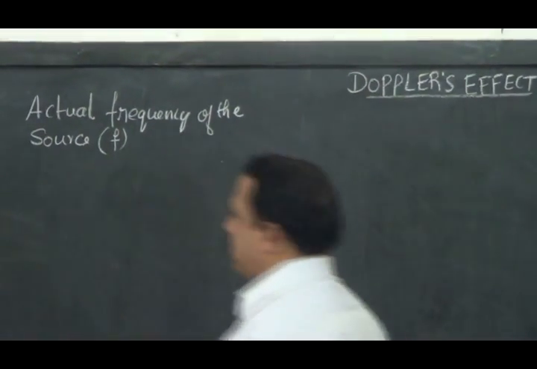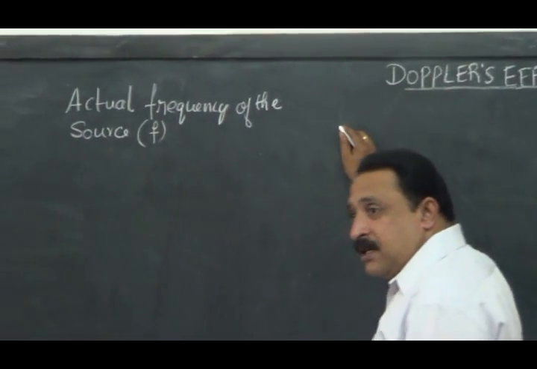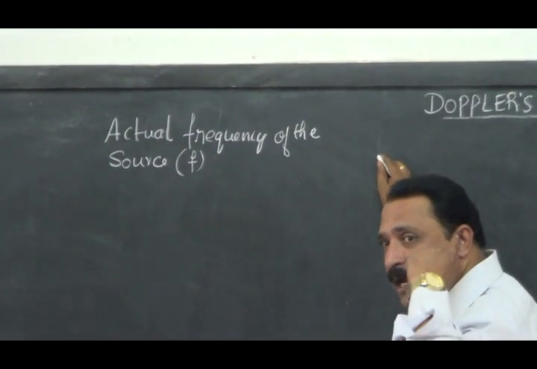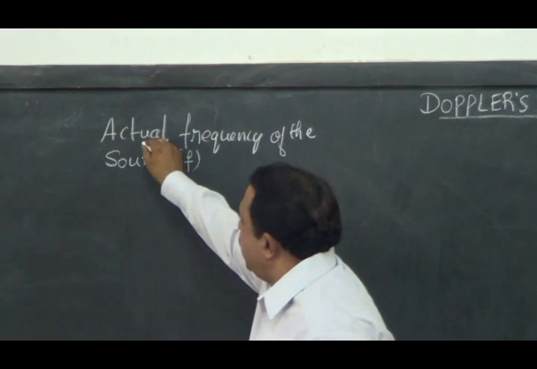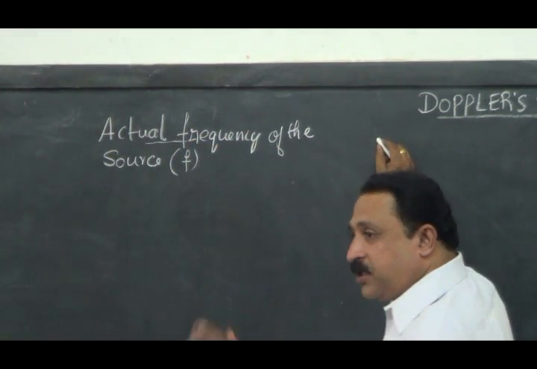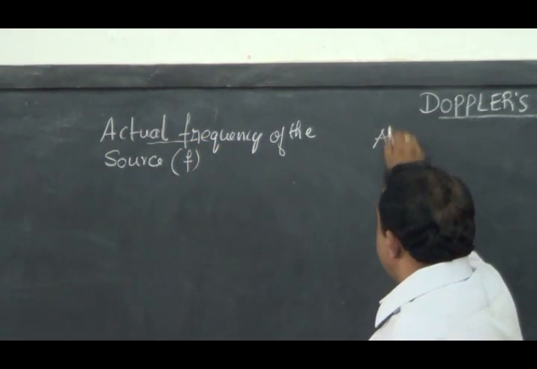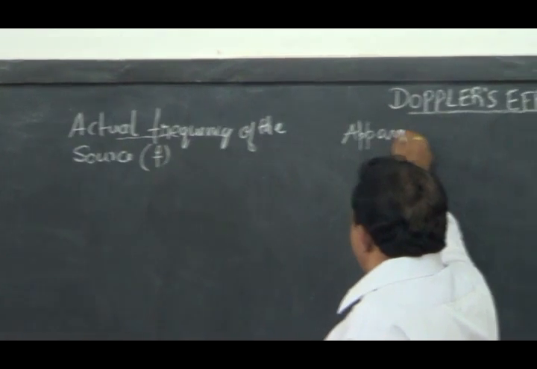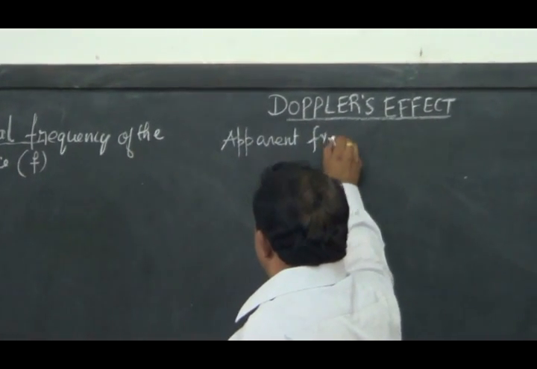This is denoted in this chapter as F Hertz. And the person does not actually hear this actual frequency. He always perceives a different frequency. That is called the apparent frequency.